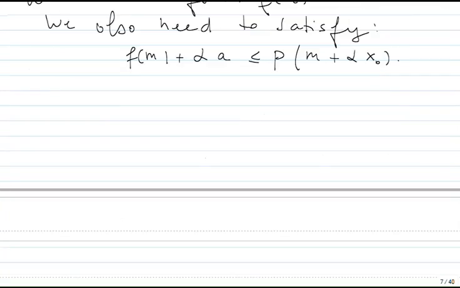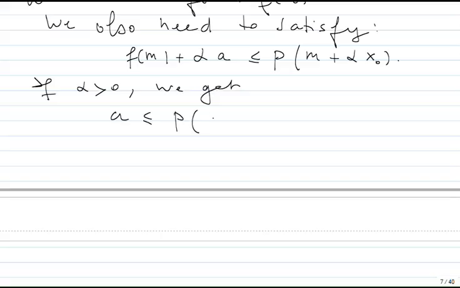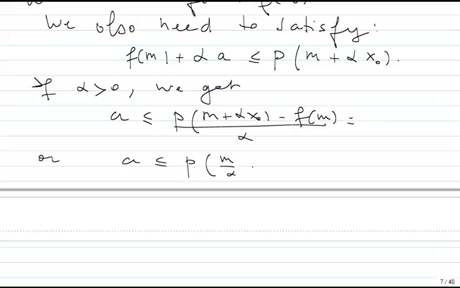So if alpha is positive, we get a less or equal than P of m plus alpha x0 minus f of m over alpha, which is equal to, or a less or equal than P of m over alpha plus x0 minus f of m over alpha.